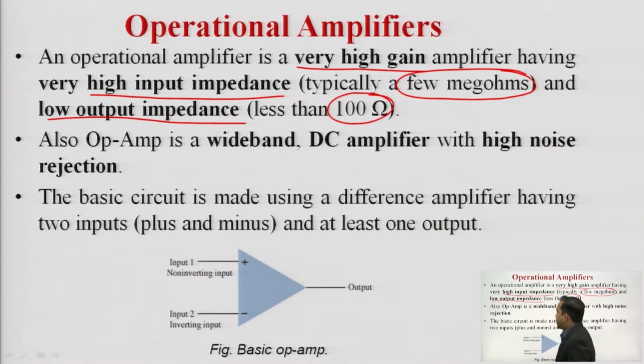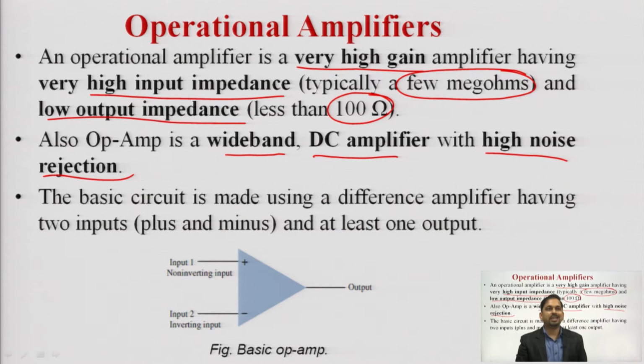Apart from that, the op-amp is a wideband DC amplifier with high noise rejection, meaning this amplifier will reject the noise signals. We will see the phenomenon due to which the noise gets rejected by this amplifier.